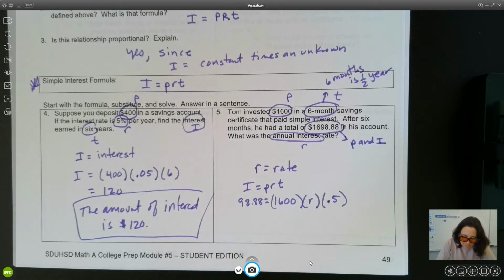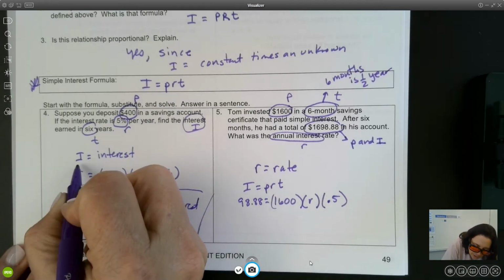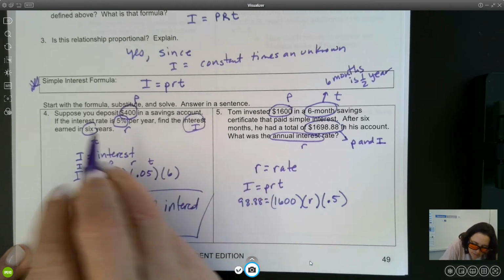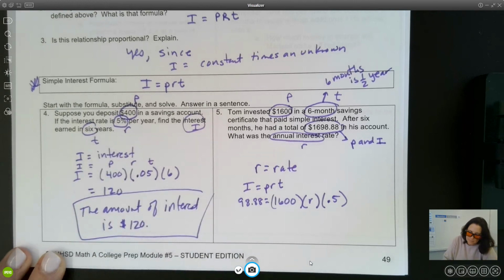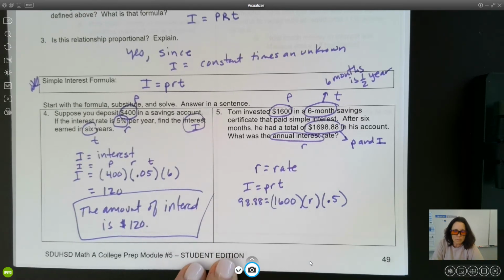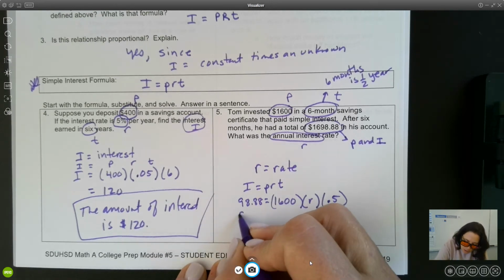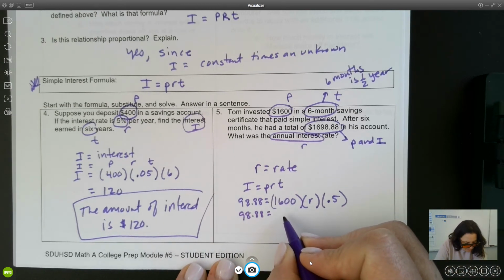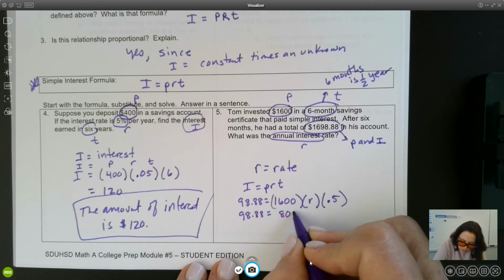All right. And you guys, here I forgot the I equal P R T. It says start with the formula. Okay, always got to start with that formula. All right, now to solve for R, I need to multiply these together first. That comes out to be 800R.